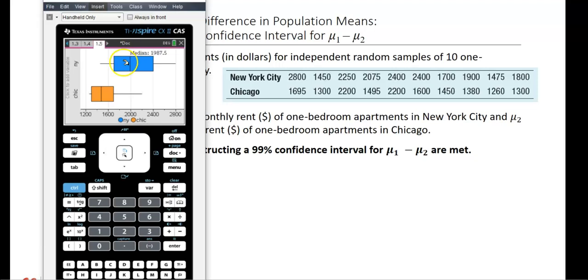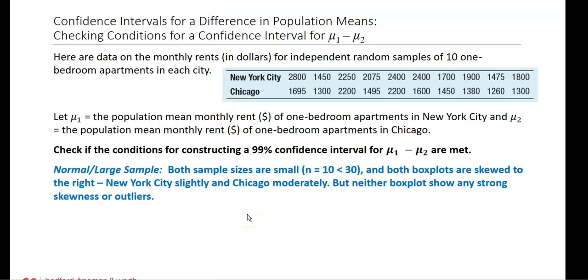So you're going to draw both of those on your paper, either the dot plots or the box plots or the histogram if you'd rather. So really you have to draw both graphs on your paper. They don't have to be side by side. I mean, you can put them next to each other or on top of each other like that. But you need to draw both graphs, I believe. So let's see what they did. They checked for the normal large sample, so 10 is less than 30, so that doesn't work.